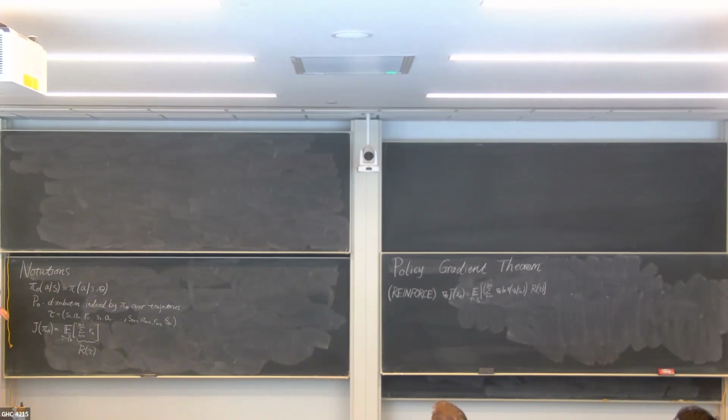Okay, so there's a little bit of notation. We want to think about solving RL. Every policy will be parameterized by some parameter theta. This is something you have seen from last lecture.